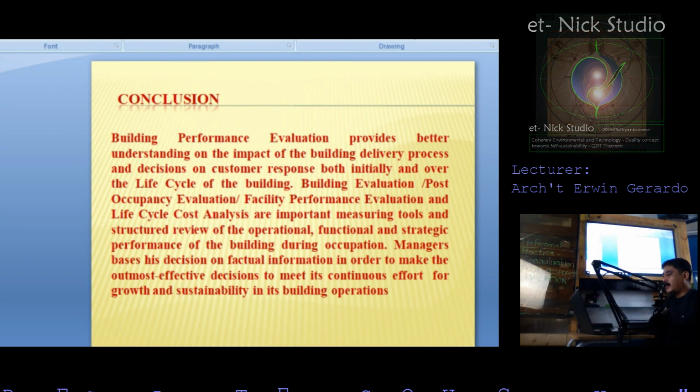Building evaluation or post-occupancy evaluation or facility performance evaluation and life cycle cost analysis are important measuring tools and a structured review of the operational, functional, and strategic performance of buildings during occupation. Managers base their decisions on factual information in order to make the most effective decisions to meet their continuous effort for growth and sustainability in their building operations.